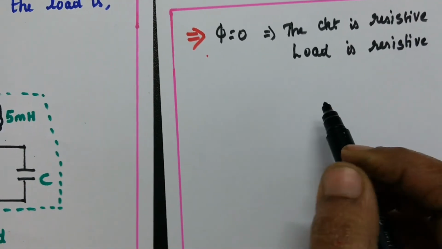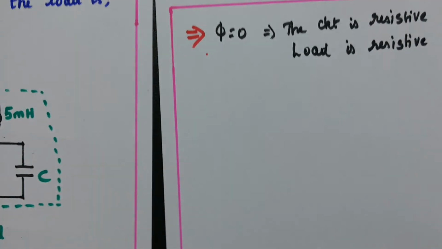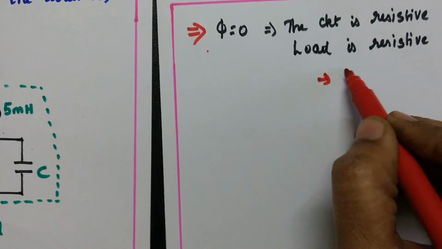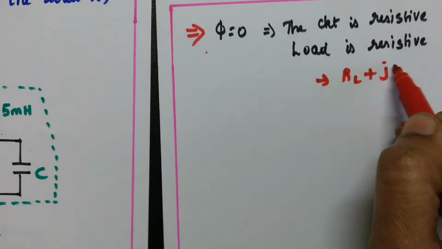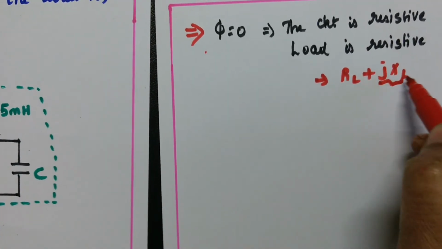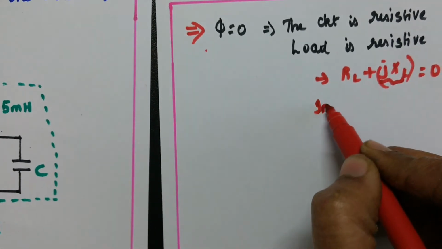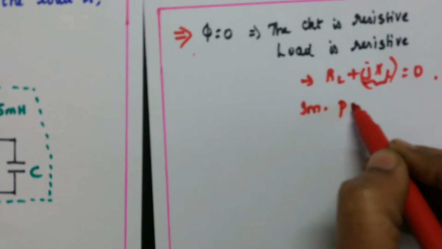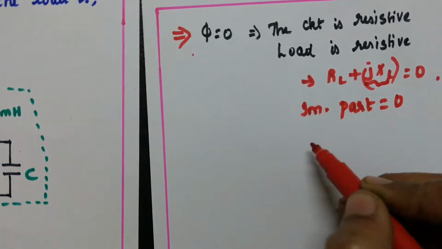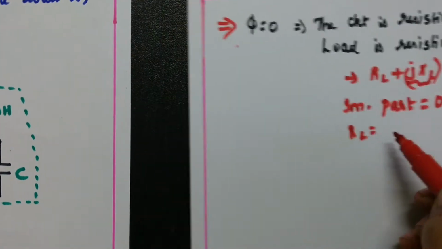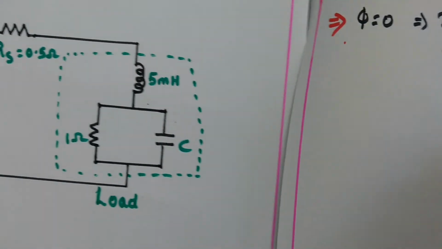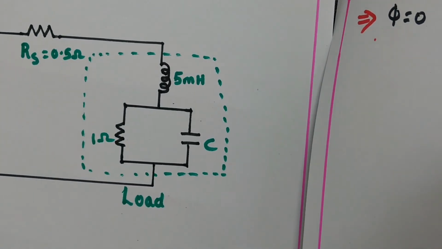So load is resistive means its imaginary part will be equal to 0, so if load is RL plus JXL, that imaginary part will be equal to 0. Okay. So imaginary part of load impedance equal to 0. And real part should be equal to RS.